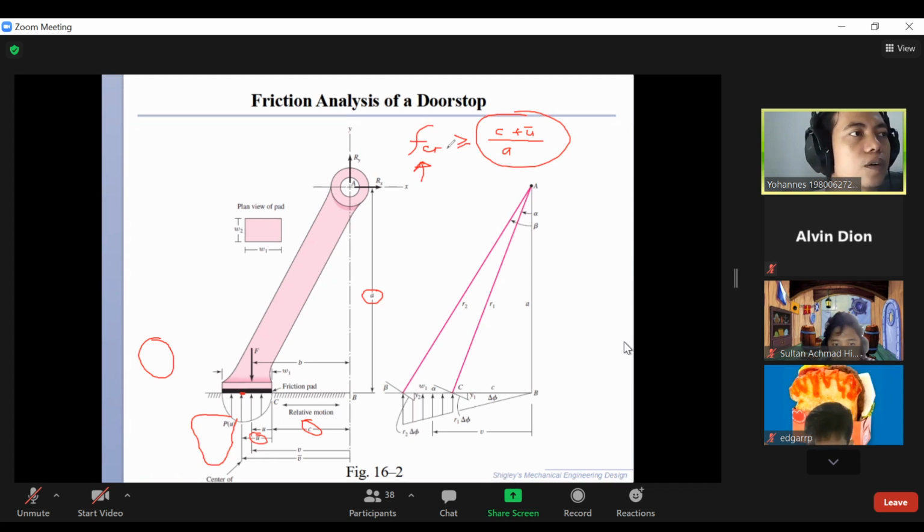So which one do we choose? We define the material first, then modify the geometry, or we define the geometry first, then find the appropriate friction pad. Both of them work in the design of brakes and clutches.